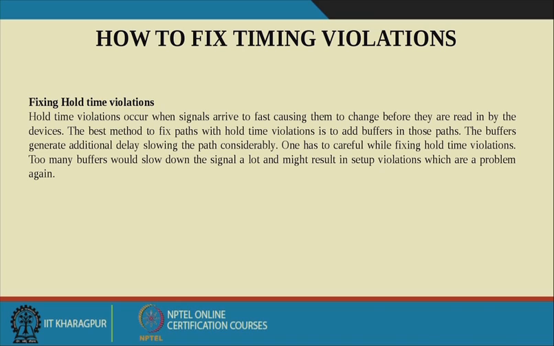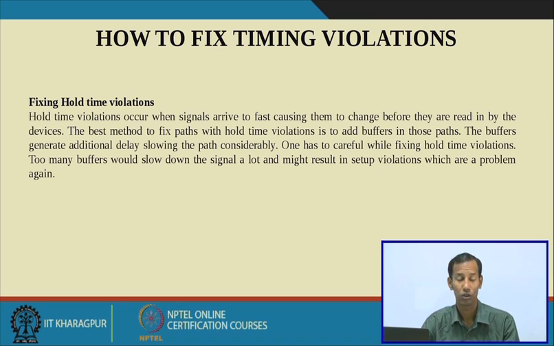Now if you are getting a hold time violation, how will you fix it? Hold time violation means your data arrival time is more than is required, right? You will get a hold time violation whenever your clock is appearing later than your data has already arrived.